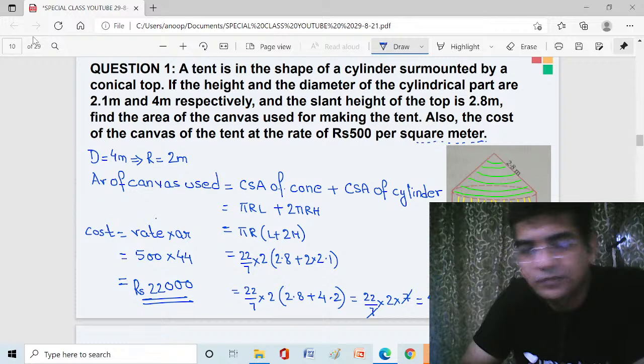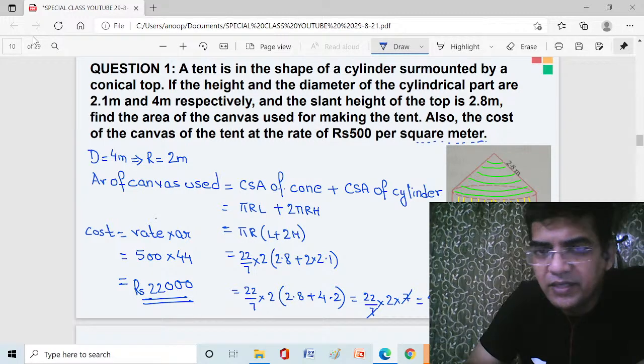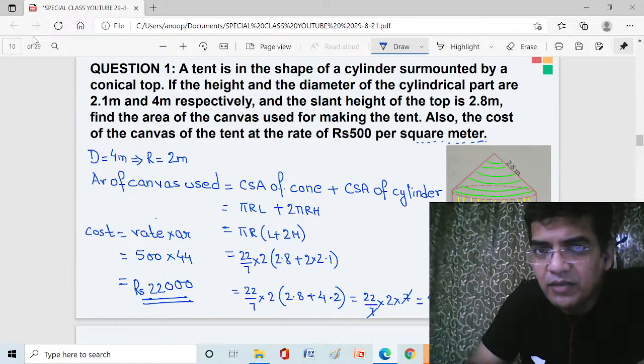So the tent was required, and as you can see in the diagram, the canvas required will be on the curved surface area of the conical portion. So we need to find the curved surface area of the conical portion, as well as the curved surface area of the cylindrical portion.